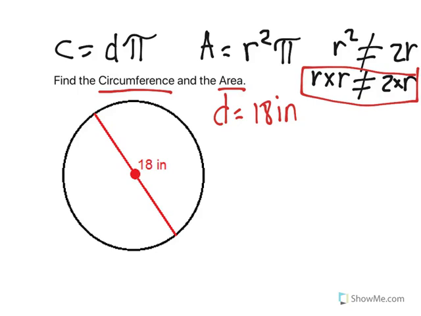Now let's find out the circumference first. You're going to use my formula, circumference equals diameter times pi, so it will be 18 times 3.14. Then we're going to do that multiplication, 18 times 3.14. Let me see my calculator.